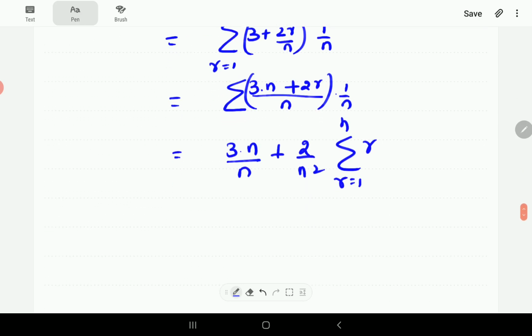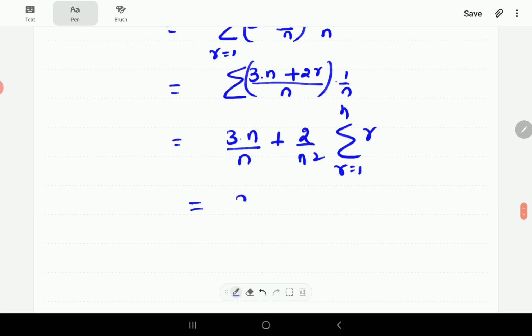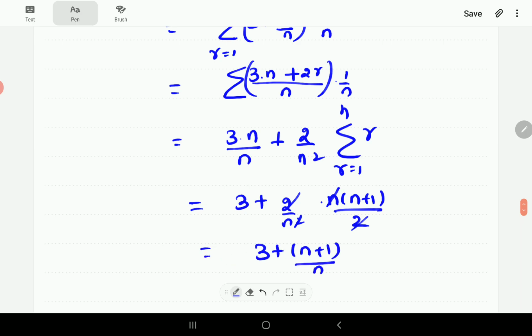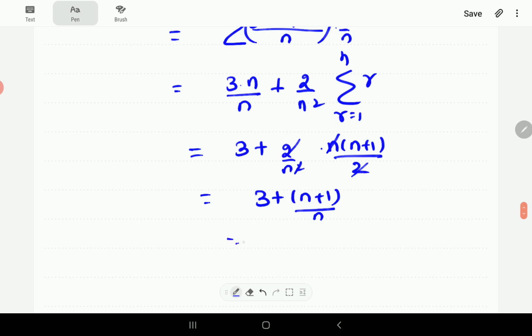So this is equal to 3 plus 2 by n square. This we can write as n into n plus 1 upon 2. So 2 cancels, 1 n also we can cancel. This is equal to 3 plus n plus 1 upon n. So this is equal to 3n plus n, 4n plus 1 upon n, or we can write it as 4 plus 1 by n. So this is your upper Darboux sum.